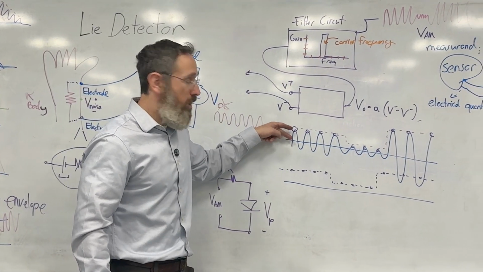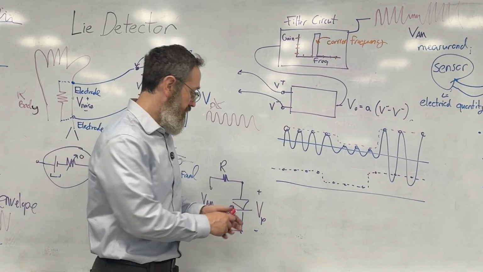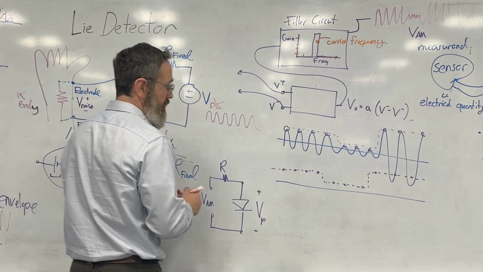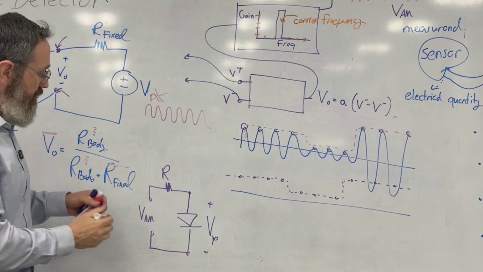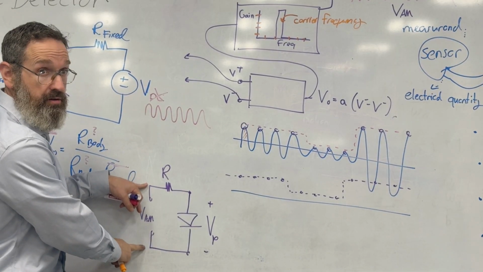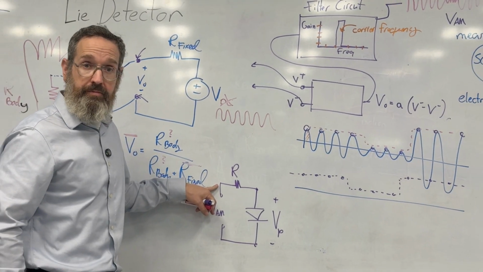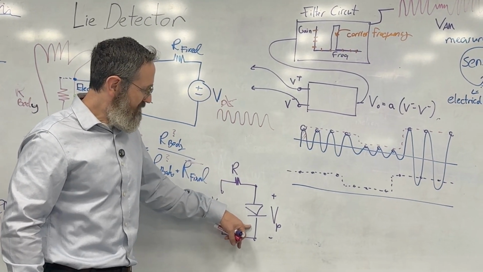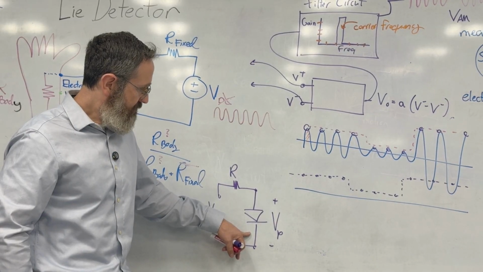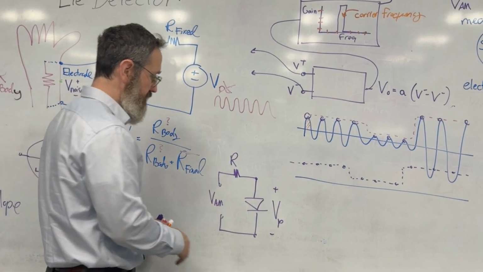When the voltage is positive, I'm going to have a resistance. And what's this resistance? Should I do it the other way to make our life easier?